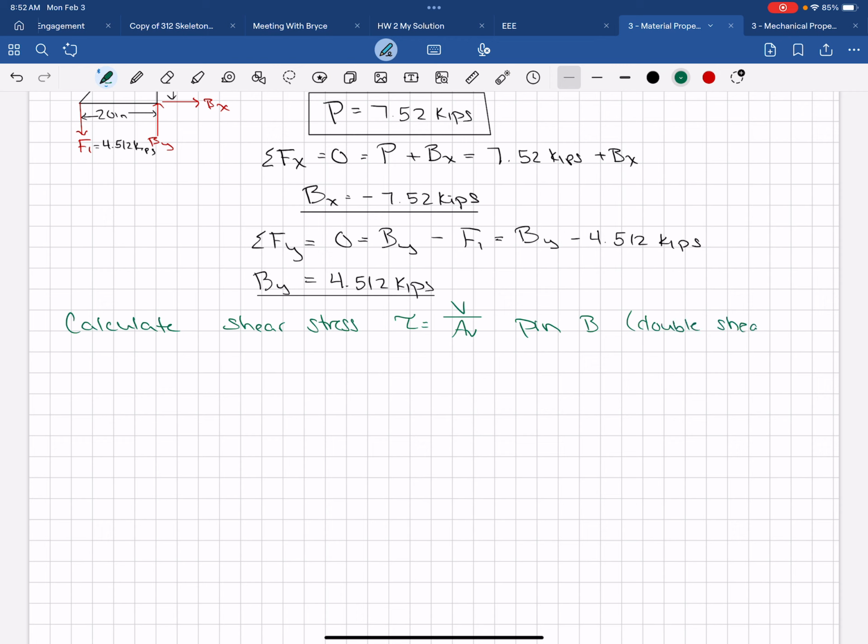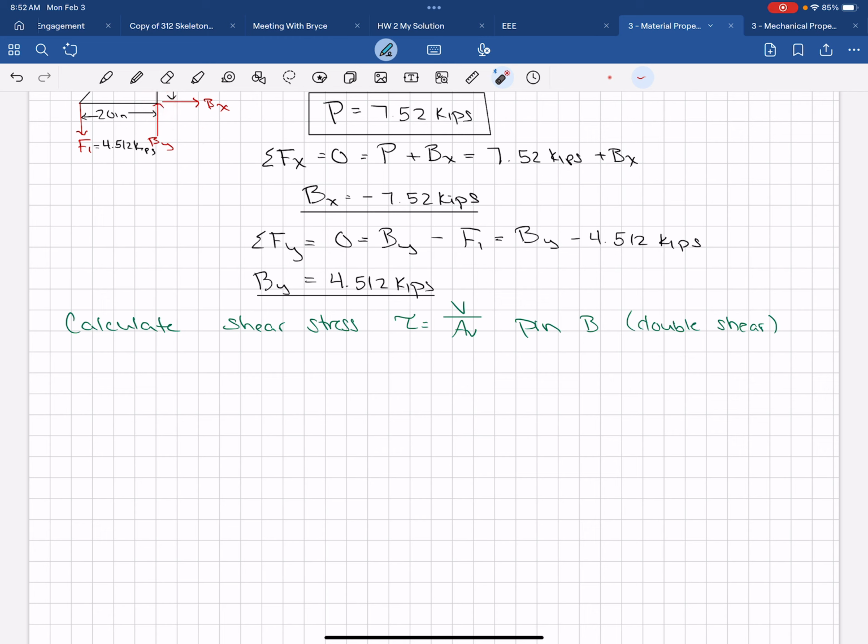Okay, so the first thing we need to do is we have Bx and By, and those are the components of the force at B, but ultimately they sum up to some resultant force, and that's what the shear force will be, is the resultant force.